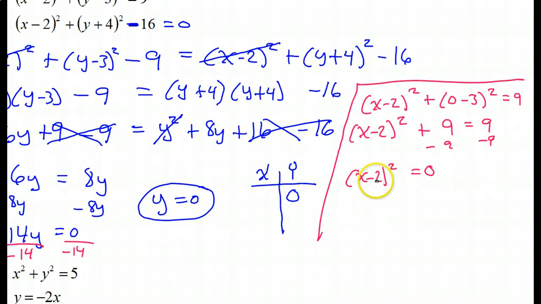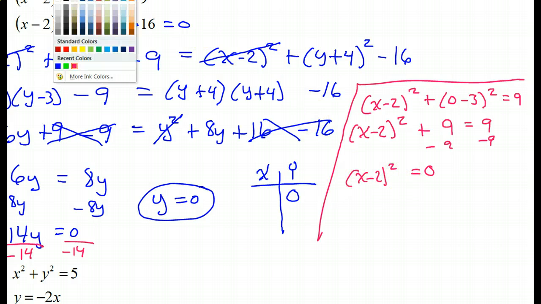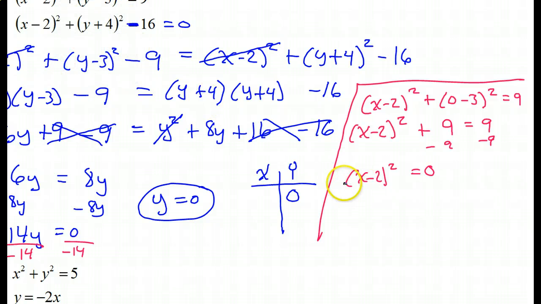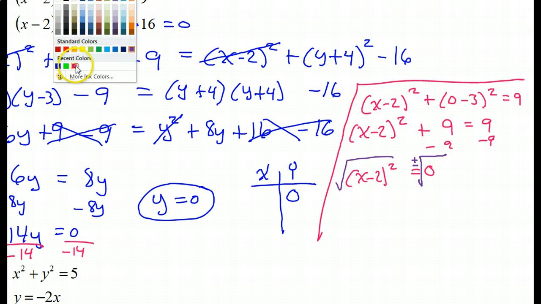That's fine and dandy. This is x minus 2 times, you know what, let me do it the easy way. The easiest way to deal with this, since it's just the only thing here, would be to take the square root of both sides. Technically it's plus or minus, but plus or minus 0 is the same thing, so I don't really have to worry about it.